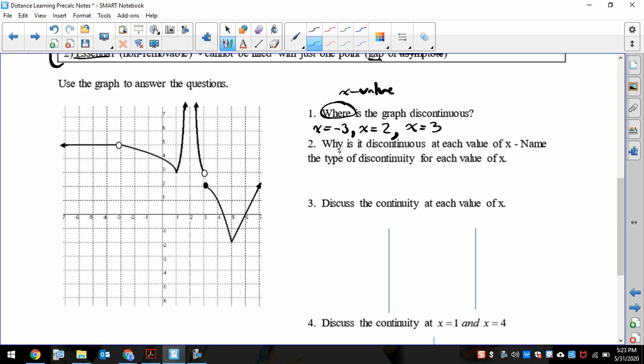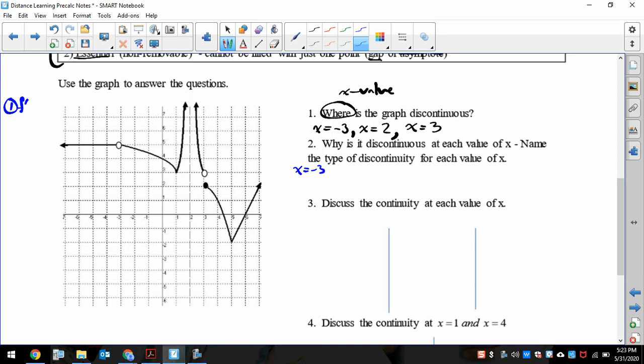Part 2 says, why is it discontinuous at each of those values? Name the type of discontinuity for each x value. Okay, let's take them one at a time. So we'll say x = -3. Why is it discontinuous here? Well, if we follow our conditions, let me write them on the side.